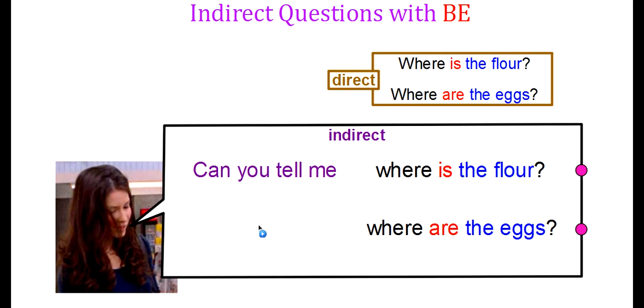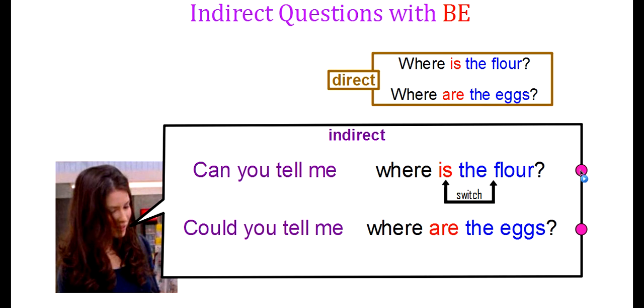Can you tell me, or could you tell me? Now, I can't say, can you tell me where is the flour? That's not correct. What's going to happen here when I'm making an indirect question with be is I'm going to switch be and the subject. I'm going to switch these so that this looks like a statement and not a question.